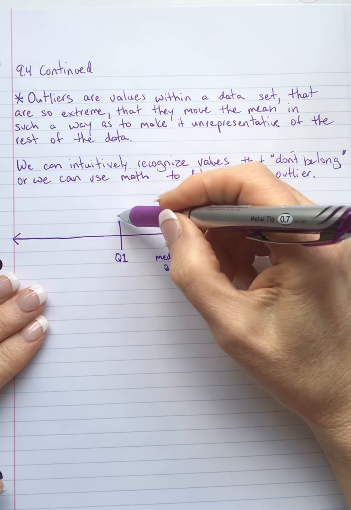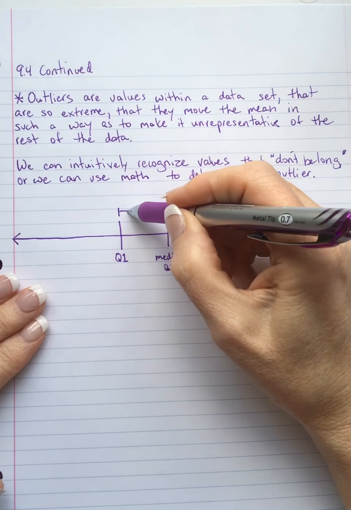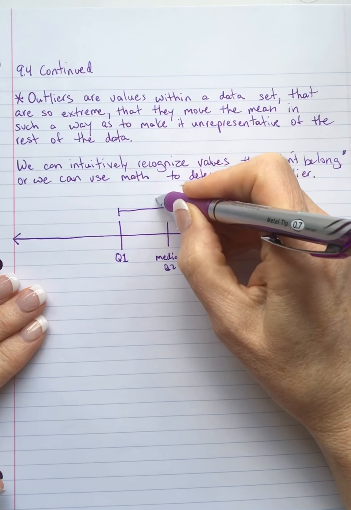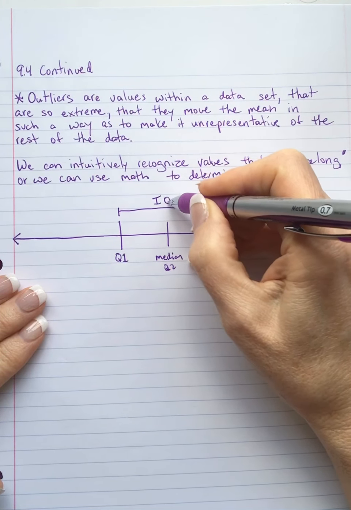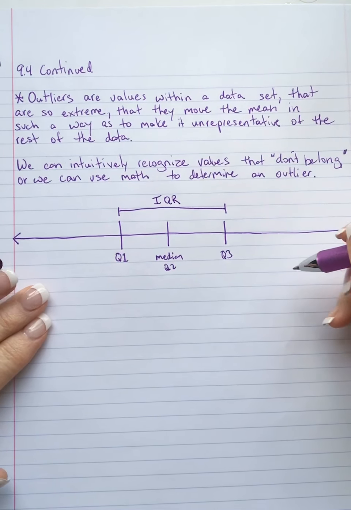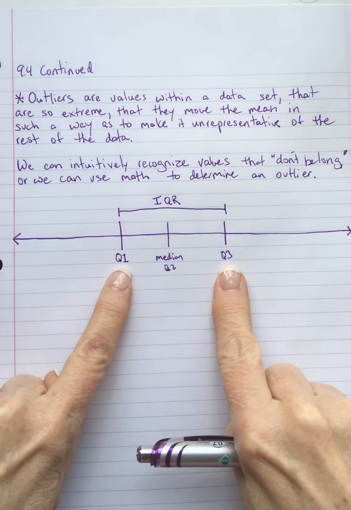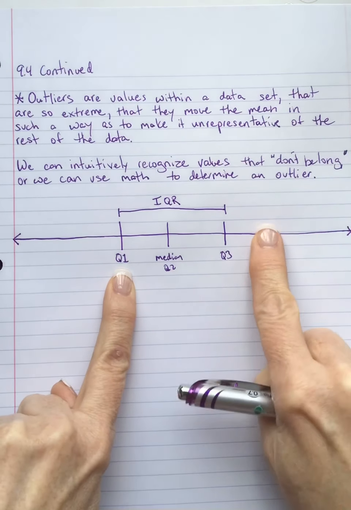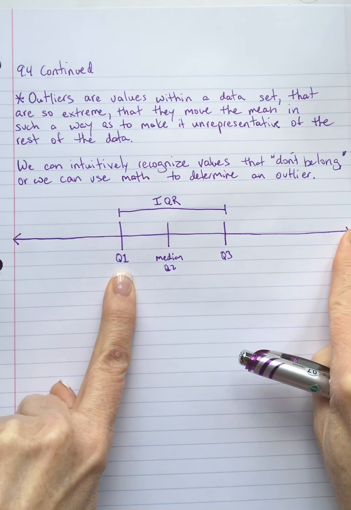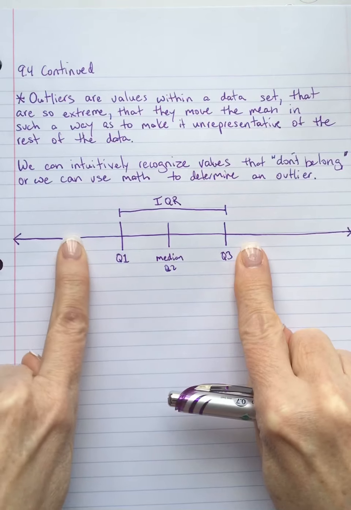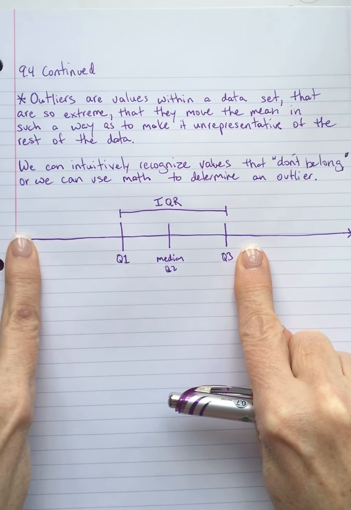And then the range between these two, as you already know, is the IQR, interquartile range. Okay, now if this represents your data, and this is quartile 1 and this is quartile 3, when you get out farther and farther away from the data, eventually you're becoming an outlier. Same thing down on this end, on the lower half.